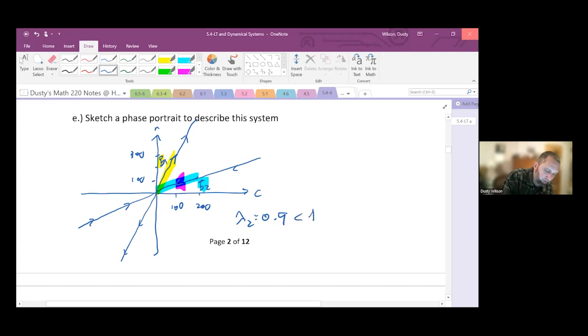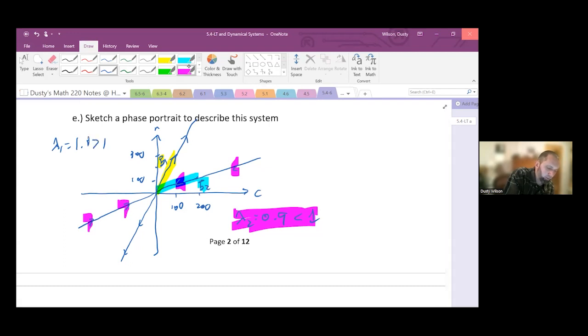which is less than 1. So things are getting smaller. That's why these arrows are pointing in. And our second eigenvalue, or I guess it's our first, I did these in the reverse order, but lambda 1 was equal to 1.1, which is bigger than 1.